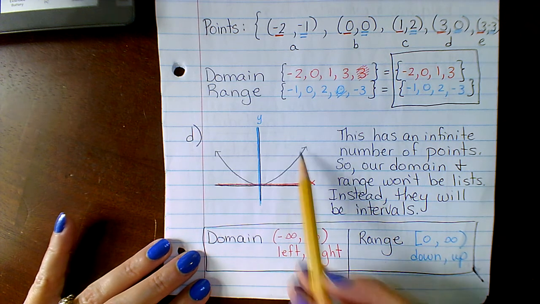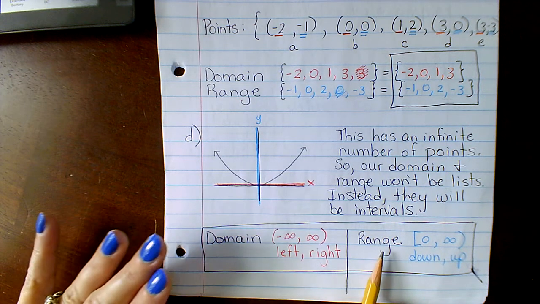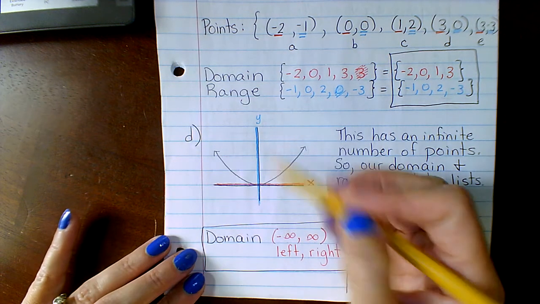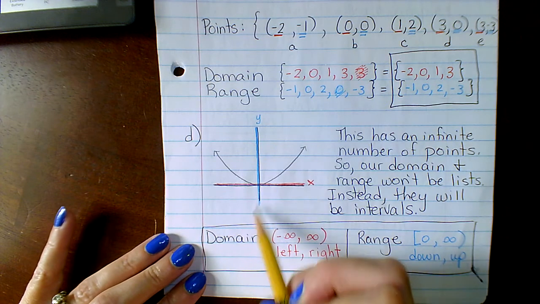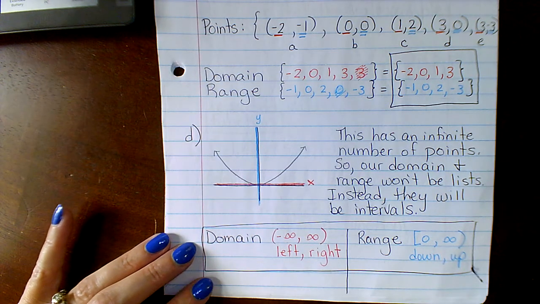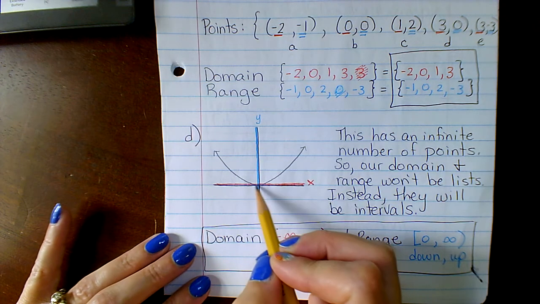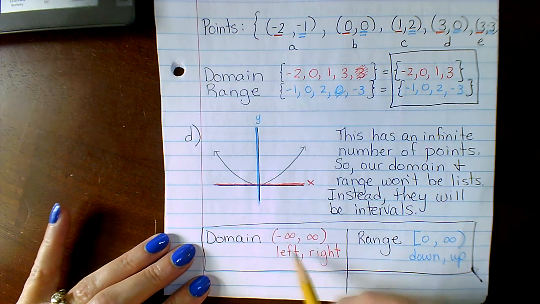And is it continuous in between? For the range, the y value, that goes up and down. So that interval is going to be how far down does the graph go and how far up does that graph go.